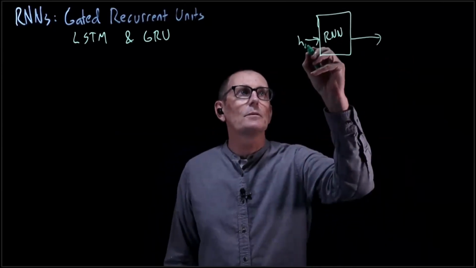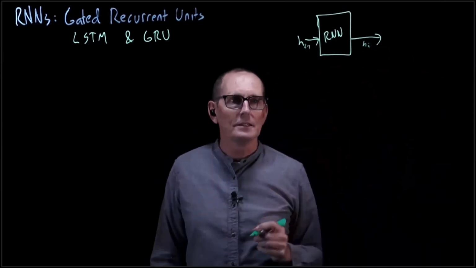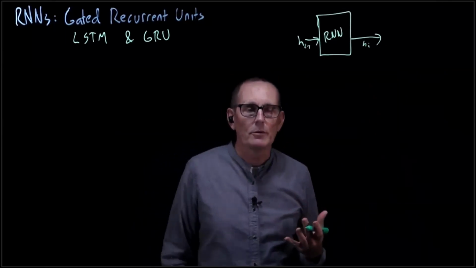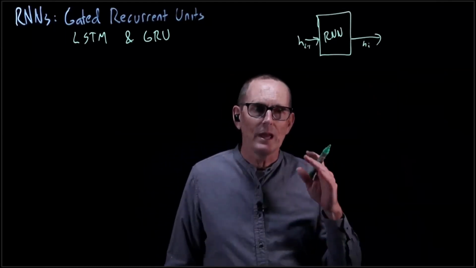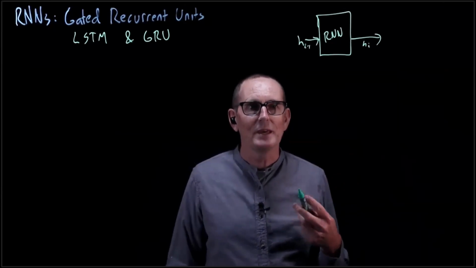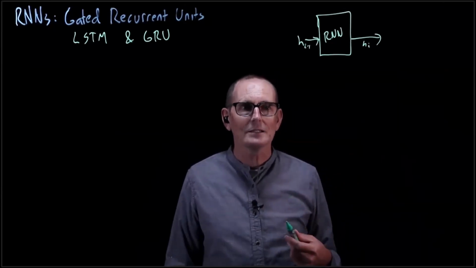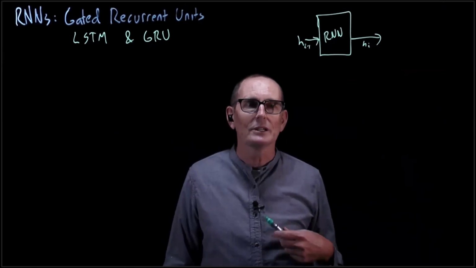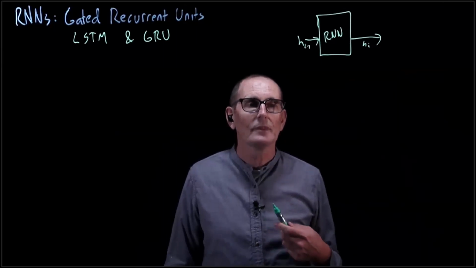So this is H sub I minus 1, and this is H sub I. And this is our only form of memory. And if we remember, we have a transformation that happens. We calculate the new H based on the old H, based on the incoming X. We add a bias, we apply an activation function.